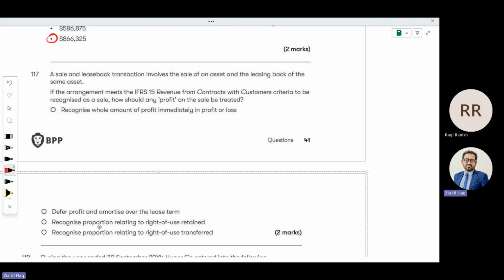No. Recognize the proportion relating to the right of asset retained? No. The right of asset transferred. That will be calculated using the accounting entry. The difference between total profit and that accounting entry profit is the profit relating to the right retained.